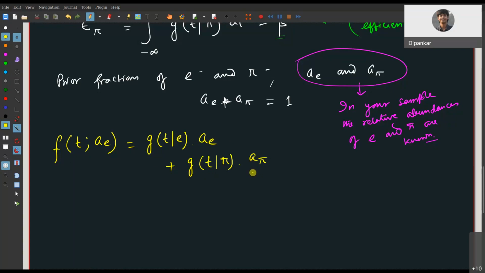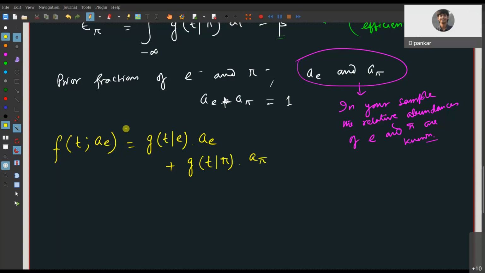All right. So remember, now you have an extra parameter A_E here. This A_E, if it is known, will affect your total sample. Basically, it will affect the accepted number of electrons, and you want to increase that number.